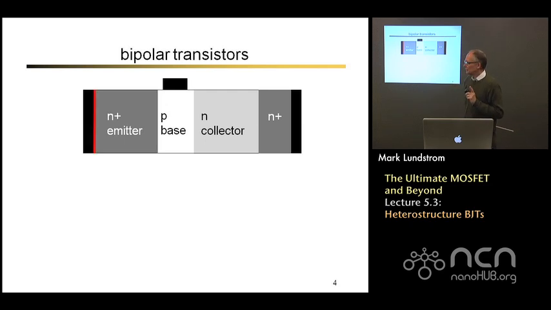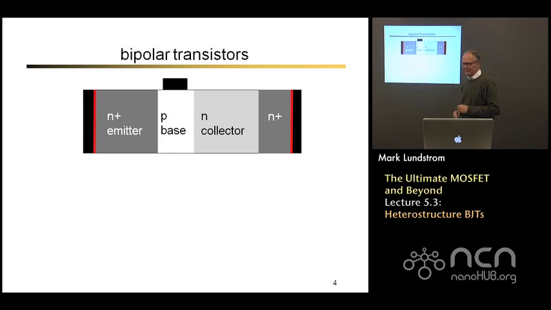Now, there's one difference here that I want to mention. Just like we make metal contact to the source of a MOSFET, we make a metal contact directly to the emitter of a bipolar transistor. We make a metal contact directly to the collector of the bipolar transistor, just as we do directly to the drain of a MOSFET.